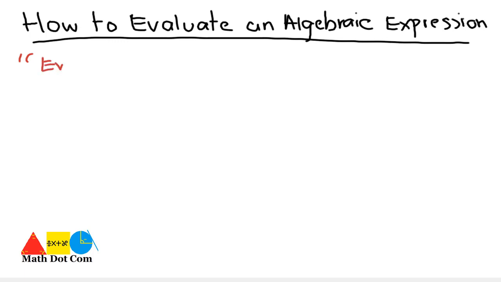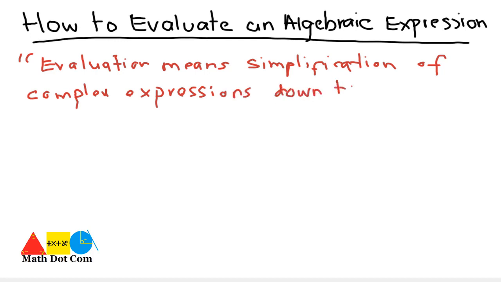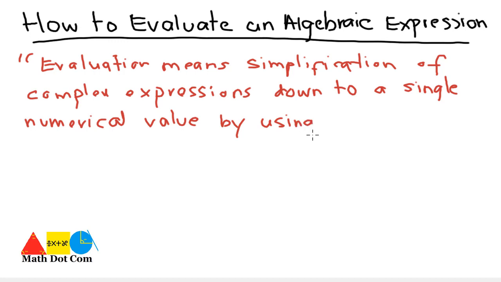So evaluation means simplification of complex expressions down to a single numerical value by using numbers in place of variables, that is, by using the known values in place of unknown variables.